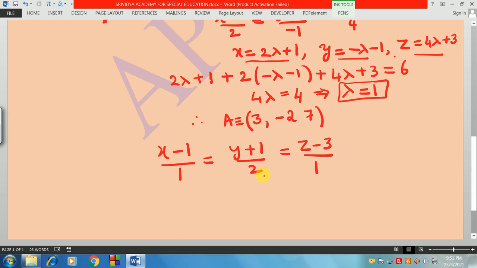Now let us find the coordinates of N. To that end, let us take this as t. So we get x is equal to t plus 1, y is equal to 2t minus 1, and z is equal to t plus 3.